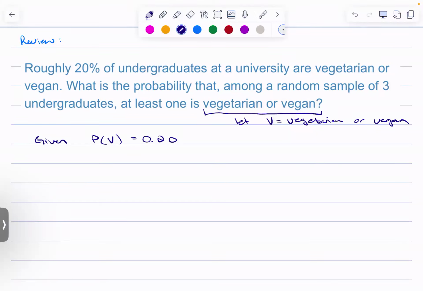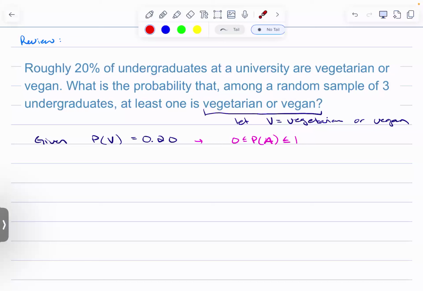So you want to convert them to the proportion. So the probability of A, any generic event, has to be between 0 and 1. Right? And that's on your formula sheet.